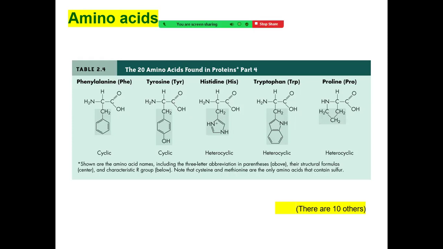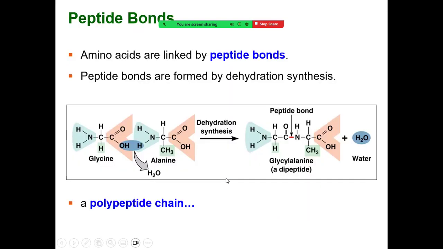Certain of the R groups are nonpolar, and then obviously the amino groups and the carboxyl groups, and some R groups, are polar. Any question about any of that?